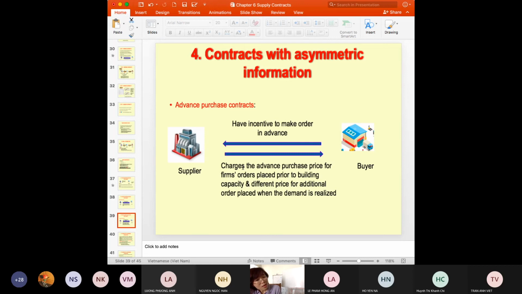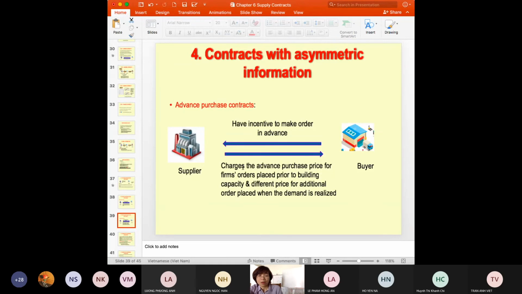So what does it mean? It means the supplier will give the price if the buyer orders in advance, before building the capacity.